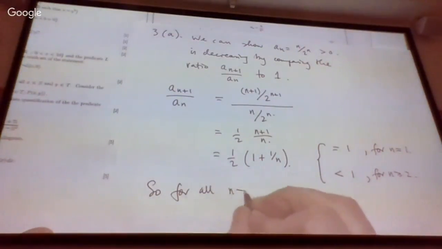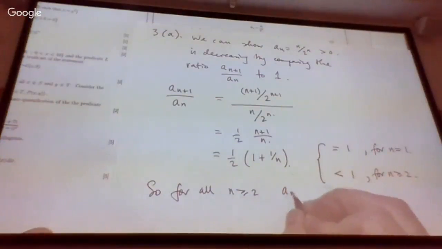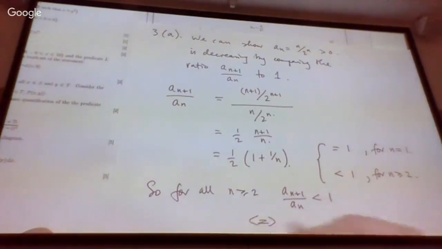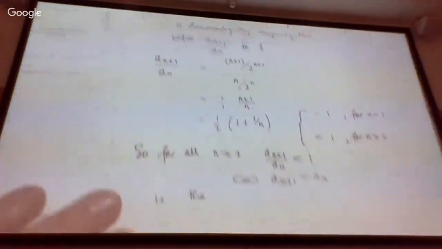So we can say for all n bigger than or equal to 2, we've got an plus 1 over an less than 1. And that's true if and only if an plus 1 is strictly less than an, i.e. the sequence is decreasing.